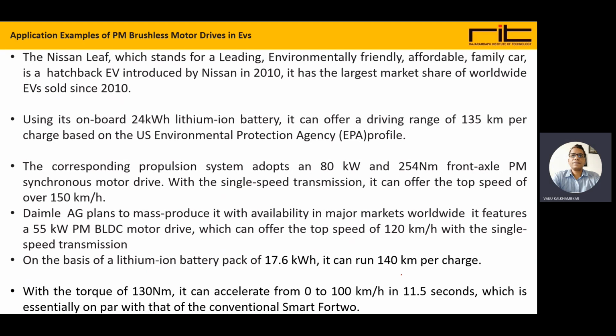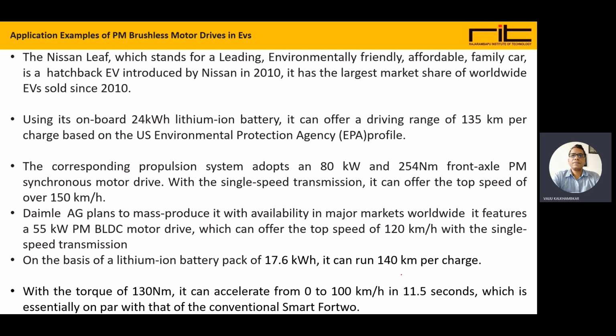Daimler AG plans to mass produce it with availability in major markets worldwide. It features a 55 kilowatt permanent magnet BLDC motor drive, which can offer a top speed of 120 km per hour. On the basis of a 17.6 kilowatt hour lithium-ion battery pack, it can run 150 km per charge.